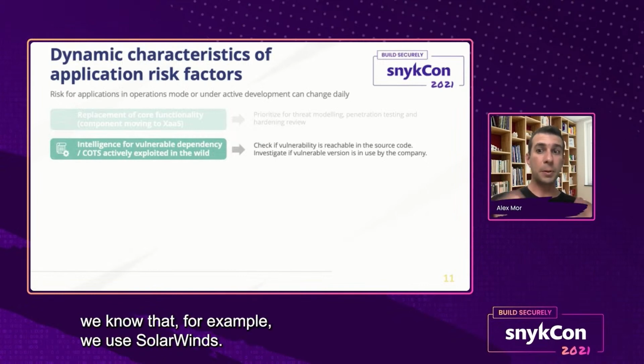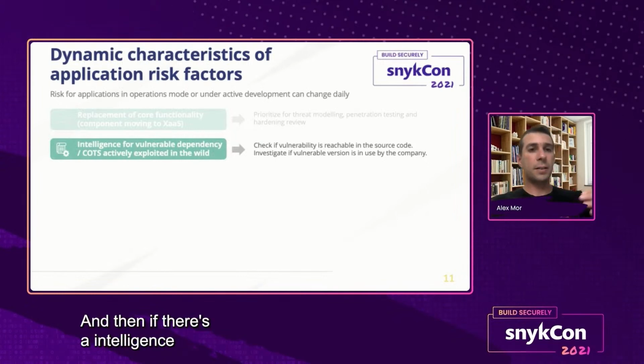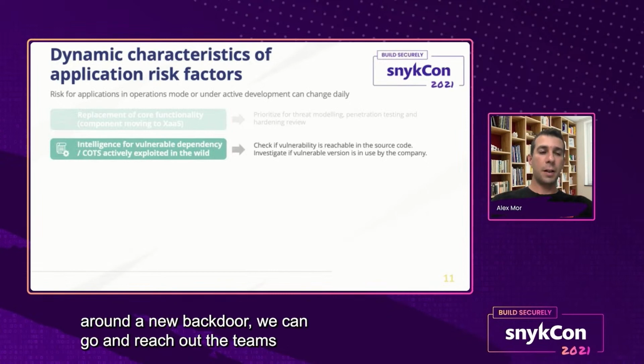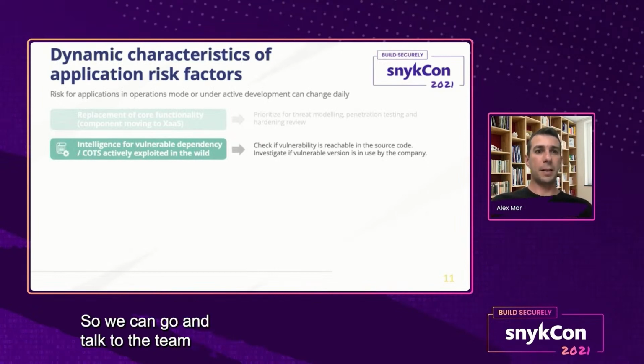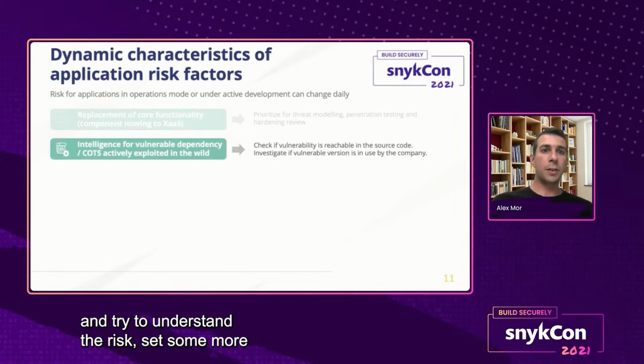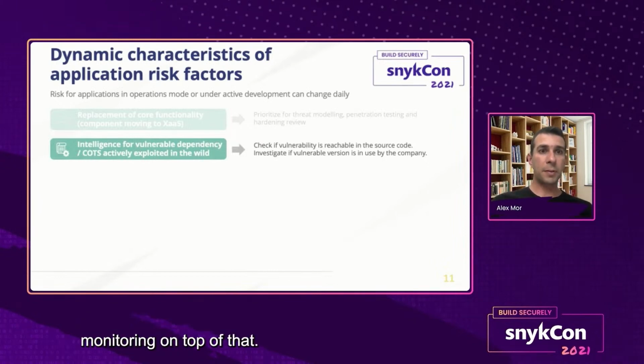We know that, for example, we use SolarWinds, and if there's intelligence around a new backdoor, we can reach out to the teams, because we know we have that vulnerable version. We know where we are, so we can talk to the team, try to understand the risk, and set some more monitoring on top of that.